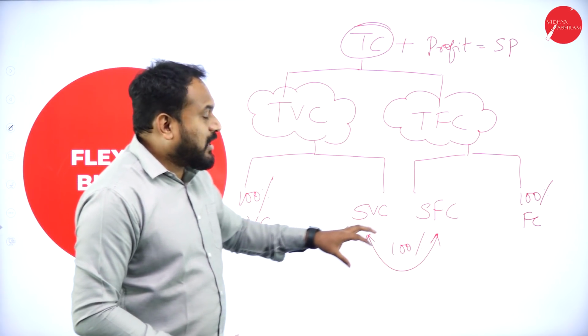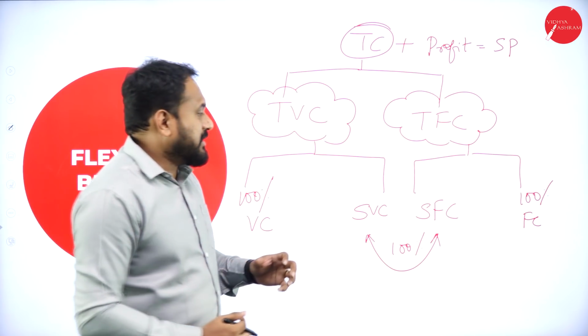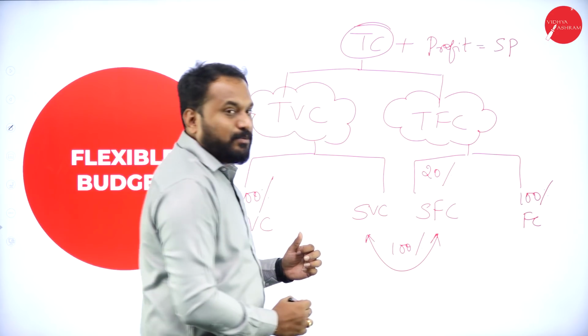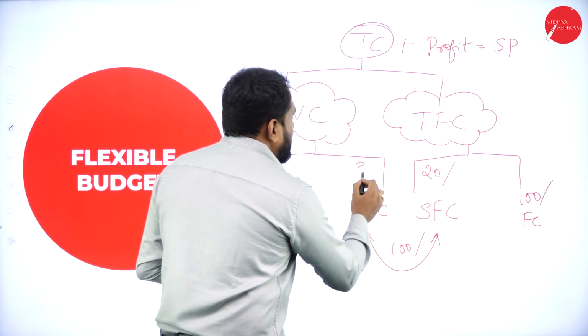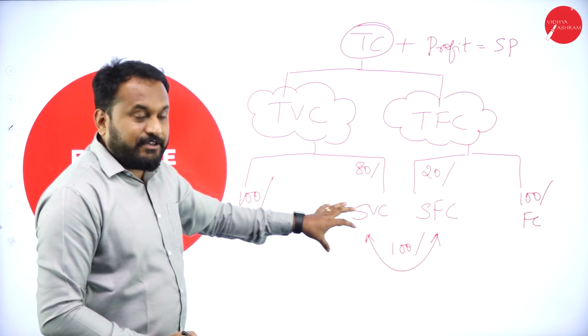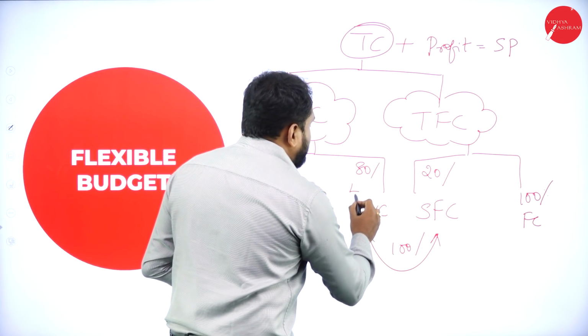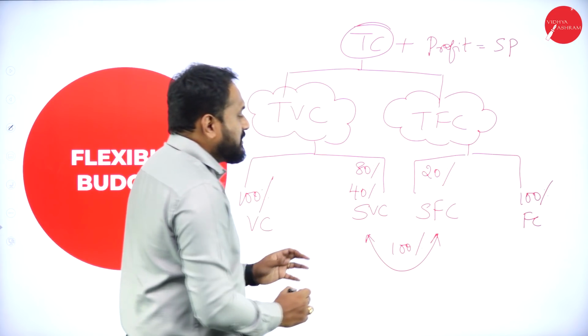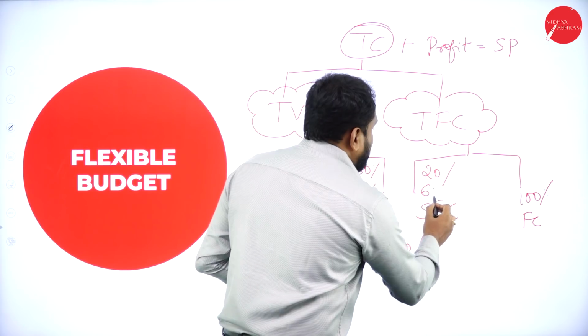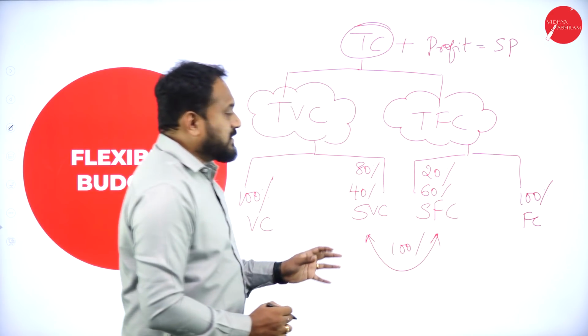For example, if one of the costs is 20% semi-fixed, that means 80% is variable. In the same way, if it is given in the problem that 40% is semi-variable, that means how much is semi-fixed? It is 60%. Hope you got this.